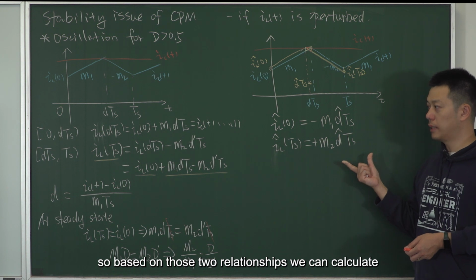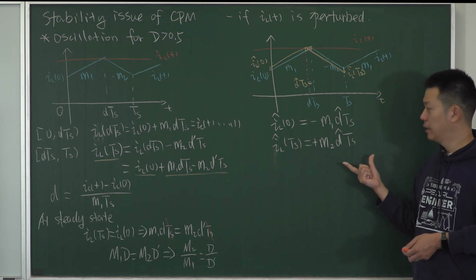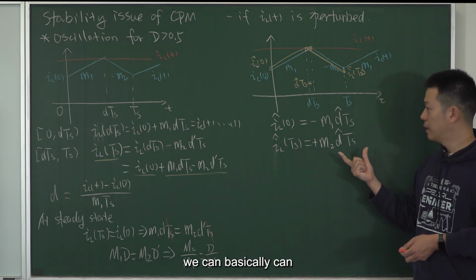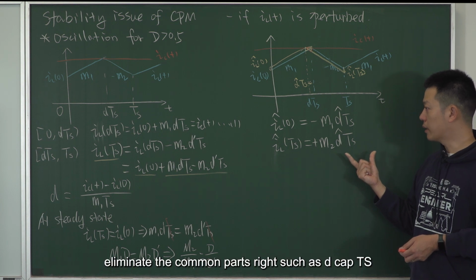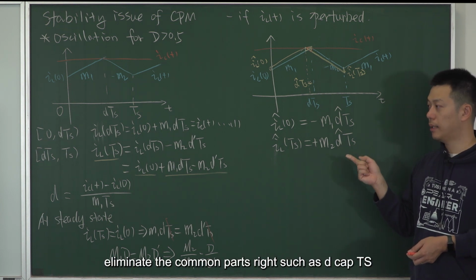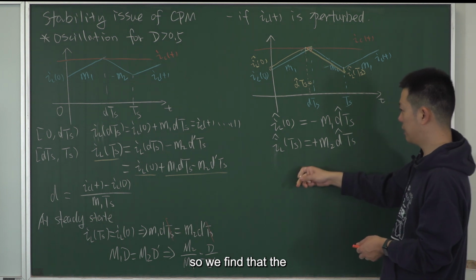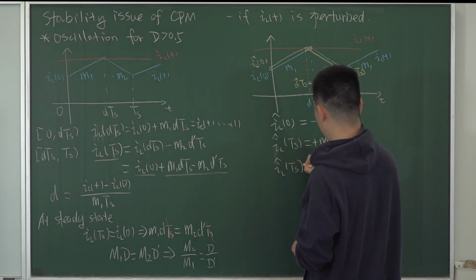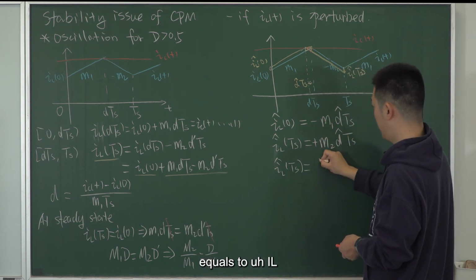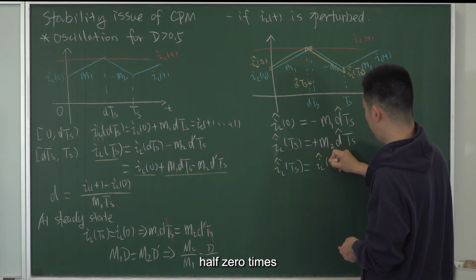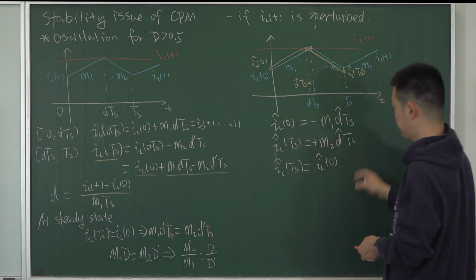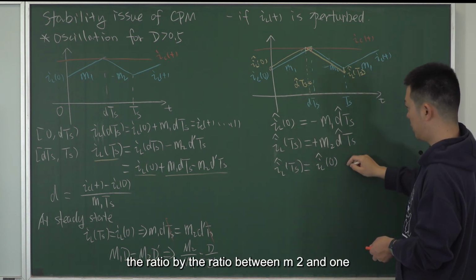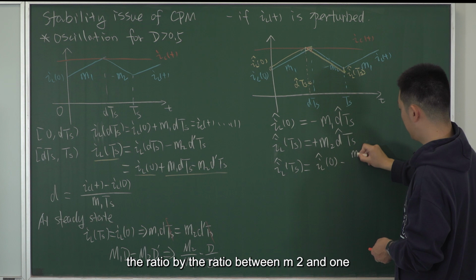Based on those two relationships, we can eliminate the common parts, such as d cap Ts. So we find that IL cap Ts equals IL cap 0 times the ratio between M2 and M1.